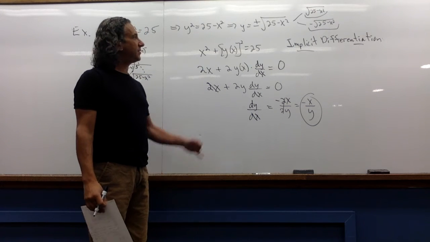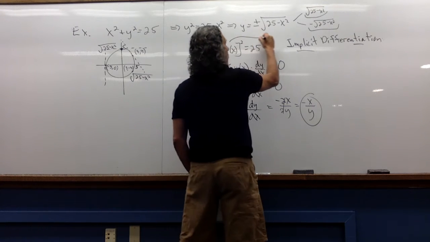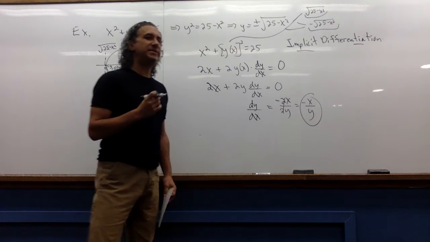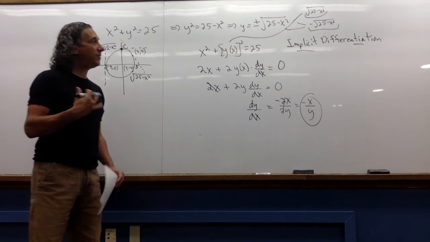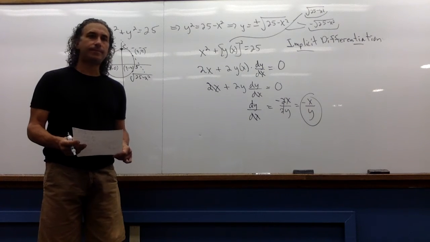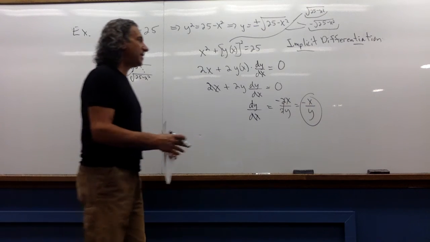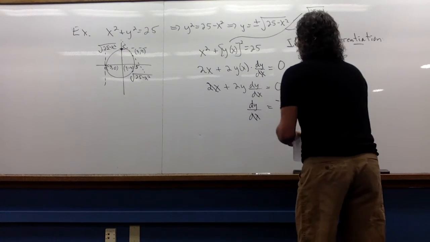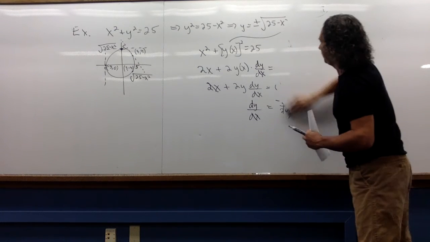And this is incredibly powerful, in my opinion, because we're abstracting away what the specific function is. We're just saying, hey, it's some function. And with that knowledge, we can then compute the derivative. Way easier than this, especially if you think about it, when we have more complicated equations that we're looking at.